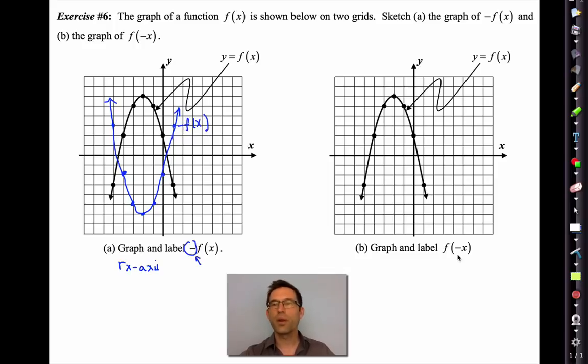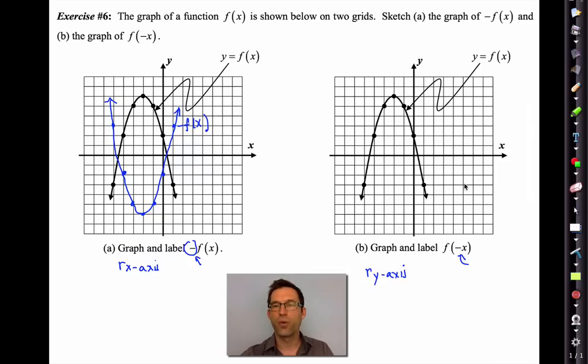Right? On the other one here, where we negate the x before doing anything, that's going to be a reflection in the y-axis. Same idea, we could take this point, counting the units. Let me do this in red. And we could reflect it.